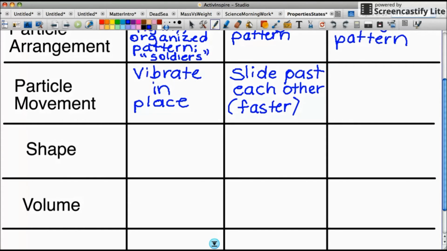And what about the particles in a gas? How did they move? Yeah, they were moving. What about their speed? They're fast, they were bouncing off each other, they were really wild.